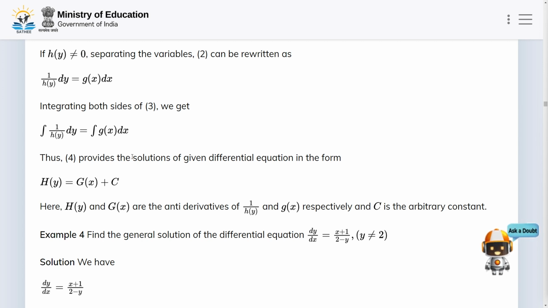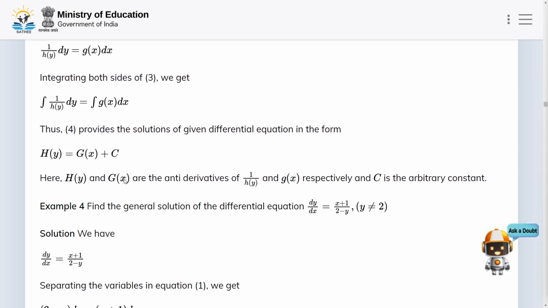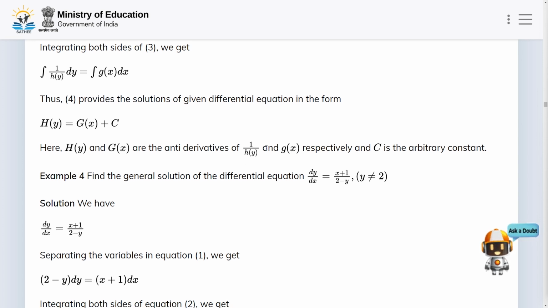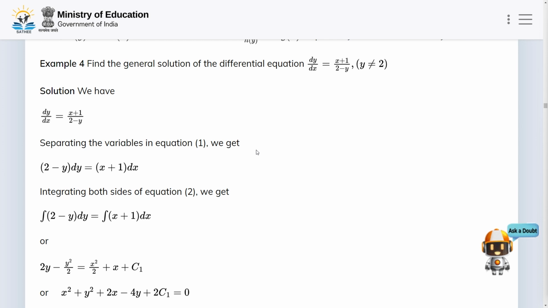And also, if you remember, in indefinite integrals we always add some constant, so C will be our arbitrary constant. Clear? As I have already told you, capital H(y) and capital G(x) will be the antiderivatives of 1 by h(y) and g(x) respectively. So by example, let me show you what we mean by the above process.